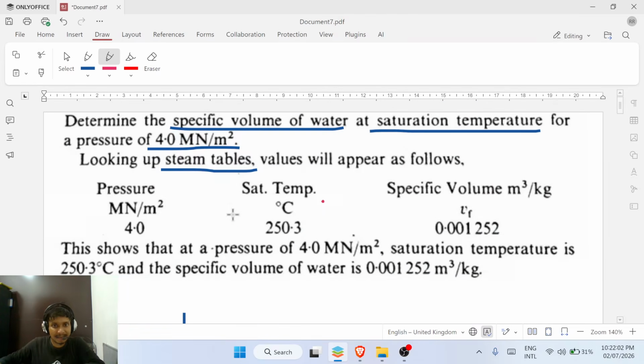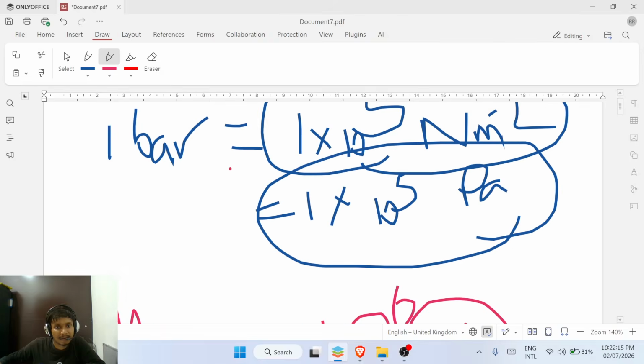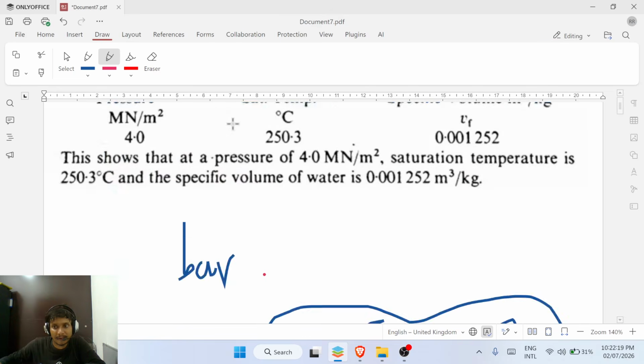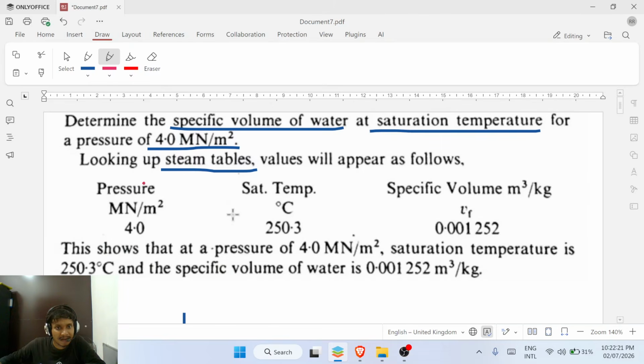Here we have discussed the main thing: determine the specific volume of water. Now we have to find the specific volume of water at saturation temperature at a pressure of 4 mega Newton meter minus 2, which means 40 bar. For this GATE 1 exam, they will not give the steam tables.